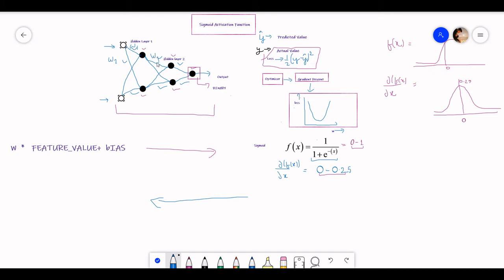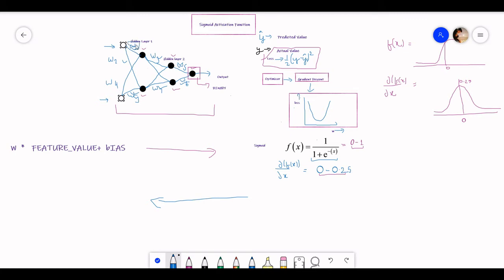W3 simply means weights. This is our W6, this is our W7, this is our W5, this is our W4. Now let's suppose we have to update our W1.